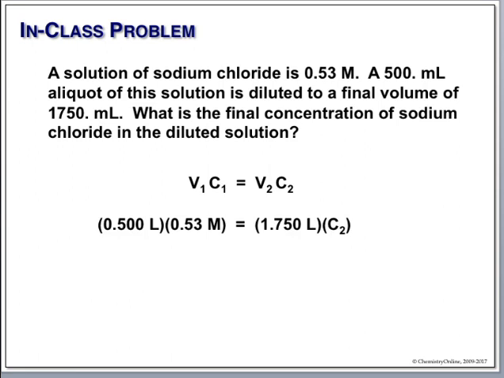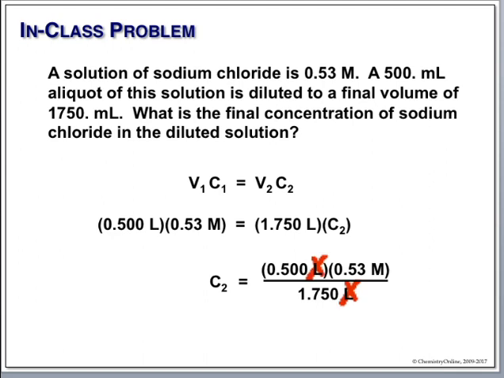Now, all we have to do to solve for C2, multiply these two together, divide by 1.75. When we do that, liters are going to cancel. That's going to leave us only with moles, or molarity. 0.5 times 0.53 divided by 1.75.